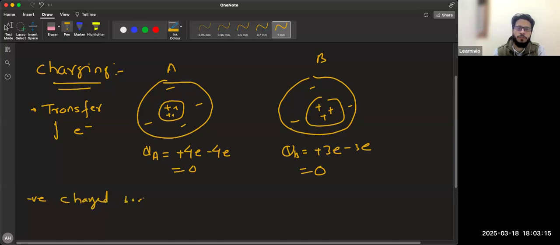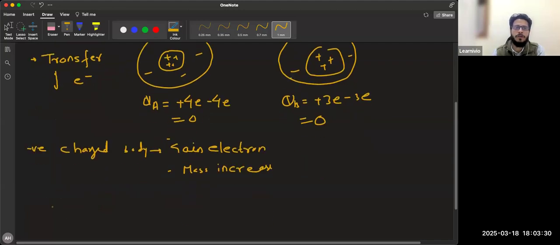A negatively charged body gains electrons, and its mass will increase. If you have a positively charged body, it will lose electrons, so its mass will decrease.